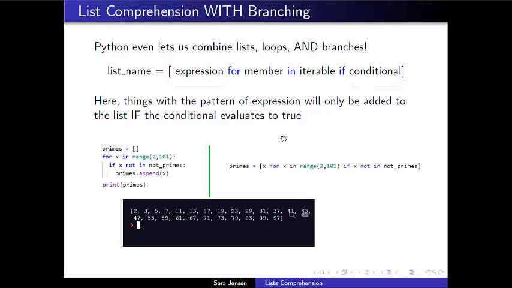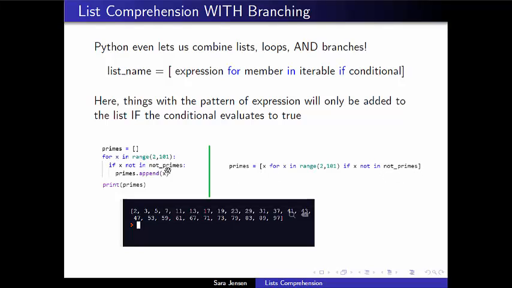Just to give an example, the code that we have over here on the left that we just walked through for creating this list of primes can be condensed into a single line of code, which says, I would like as my expression to look at all things x that are in the range of values between 2 and 101, but I only want to add them to my list of primes if that value is not in my list of not primes.